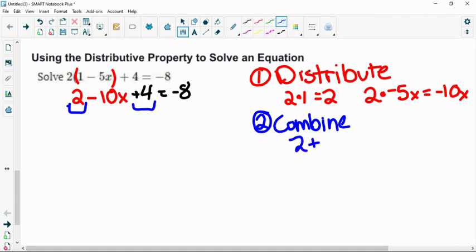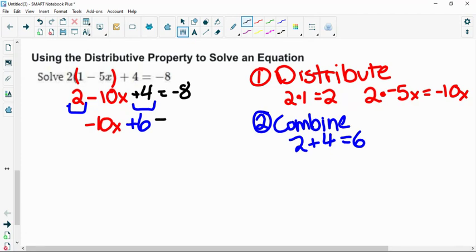2 plus the positive 4 gives me 6. So those two, the 2 and the 4, come out to be a positive 6. The negative 10x, it's still a negative 10x, so it stays part of my equation.